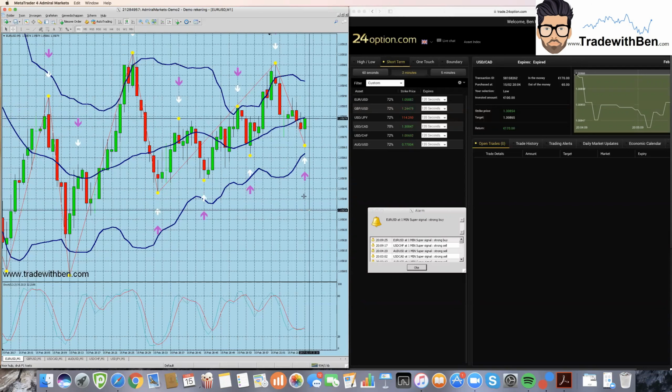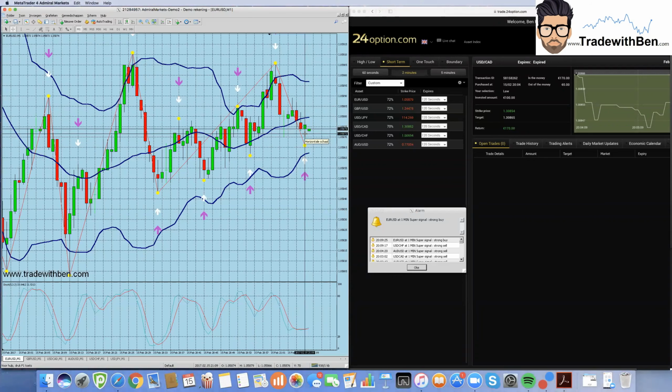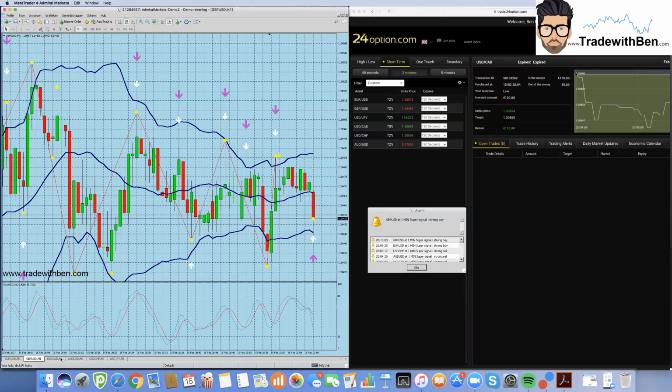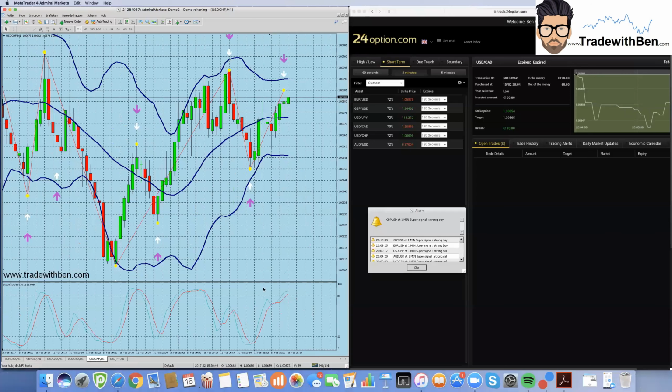So this one is actually kind of a good trade. Yeah, the stochastic is a little bit far from where I love to see it, but this is a potential reversal actually. But I'm gonna leave that for what it is. I'm gonna look for a perfect one, and use the Swiss franc.